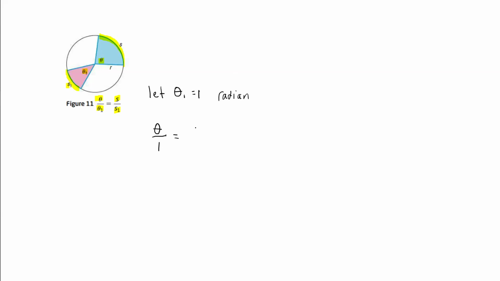And then over here, arc lengths. Now, what would the arc length S1 be if the included angle is 1 radian?